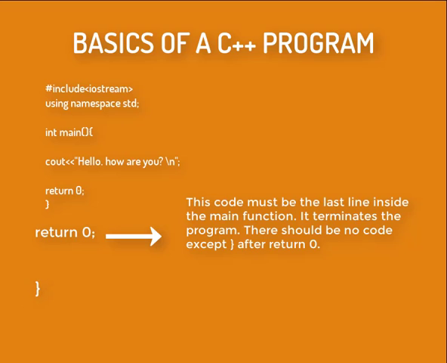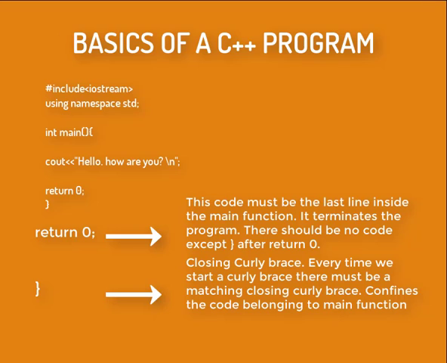The very last line of this program is a closing curly brace, or a right pointing curly brace. In C++, every time we start a curly brace, we must also close a matching curly brace. The starting curly braces point to the left and the closing curly braces point to the right. We had started a curly brace after int main, open close parenthesis. Therefore, we must close, match, or balance that opening curly brace with the closing curly brace, and the closing curly brace is after return 0.